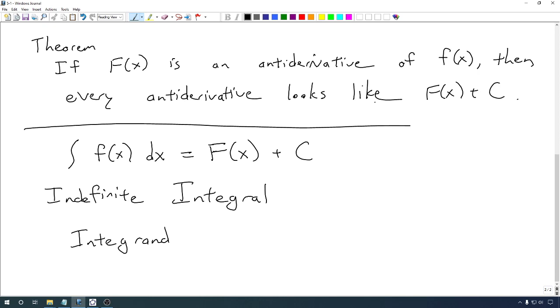Think of this as the counterpart to d over dx of x squared is 2x, where in order to actually write the x squared and its derivative in one line, we have this operator on the function. Here, instead, we use our integration sign with a dx at the end. This is actually a lot more common than writing things this way.